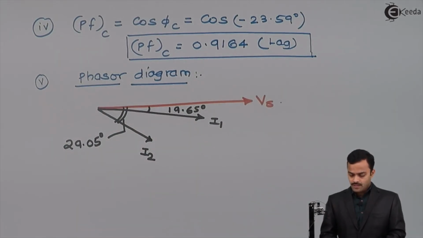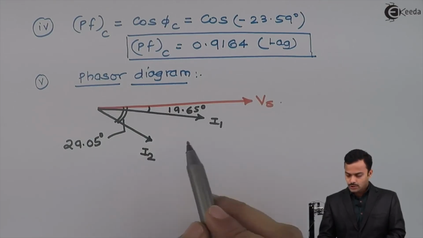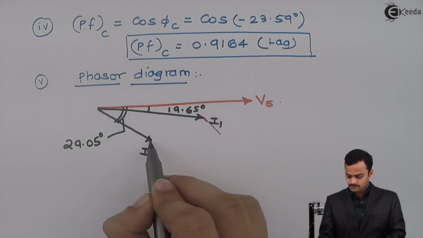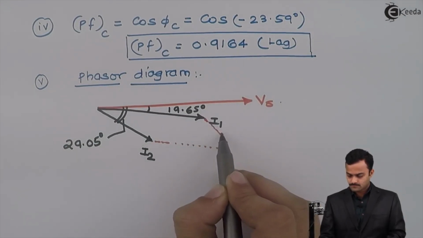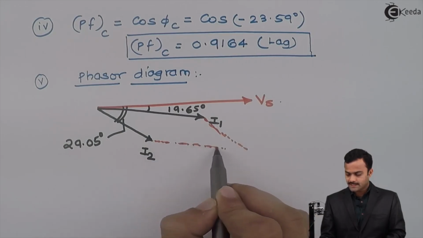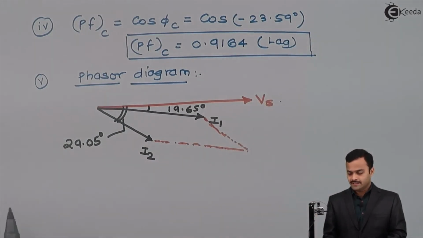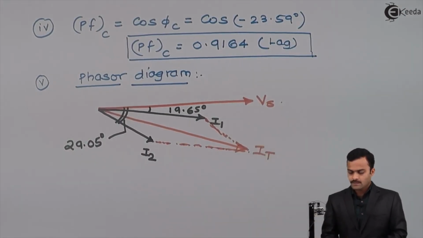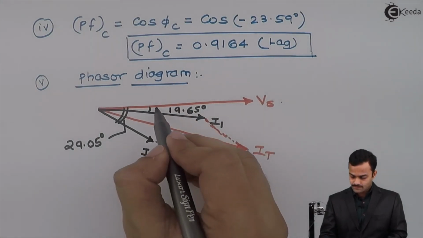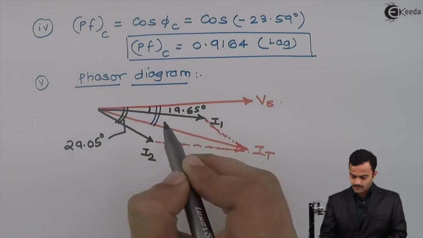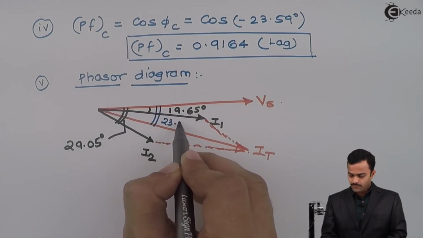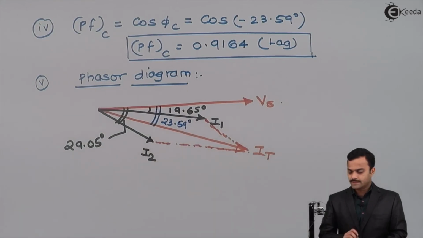Then we should have the phasor addition of I1 and I2, which I will get as I total, and the angle of I total with V is 23.59 degree.